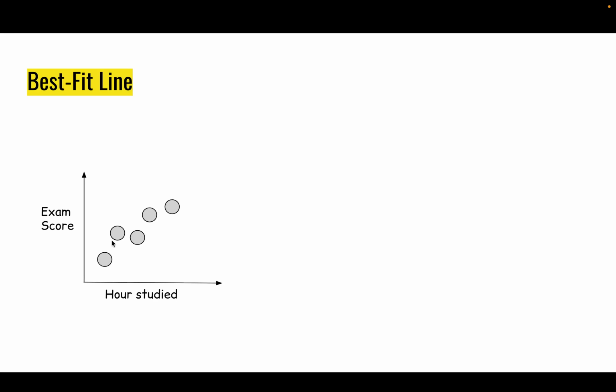So consider we have a bunch of data points and we have hours studied on the x-axis and exam score on the y-axis. Now if you try to understand best fit line, it tries to say only one thing, that it has to find a line such that the distance between the line and the data points is as low as possible.